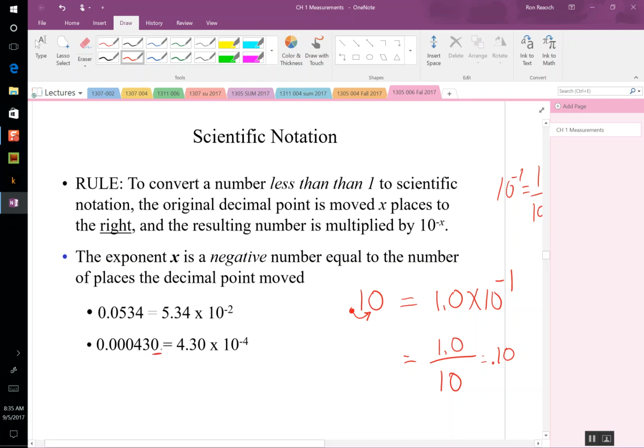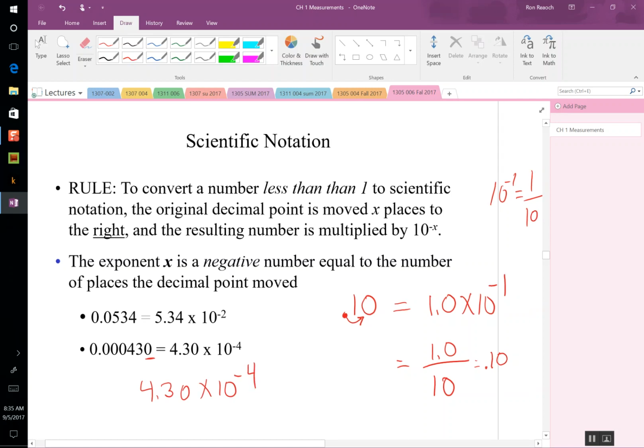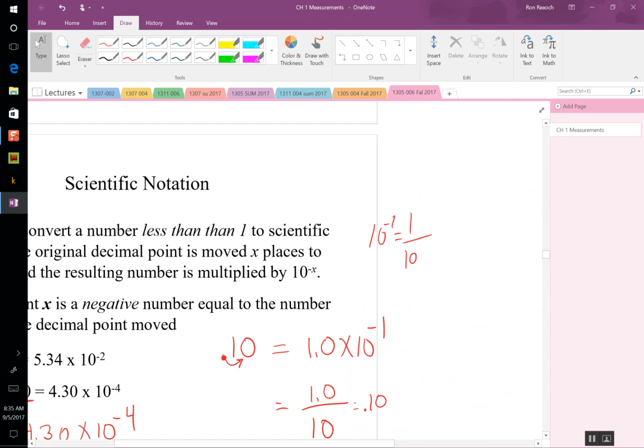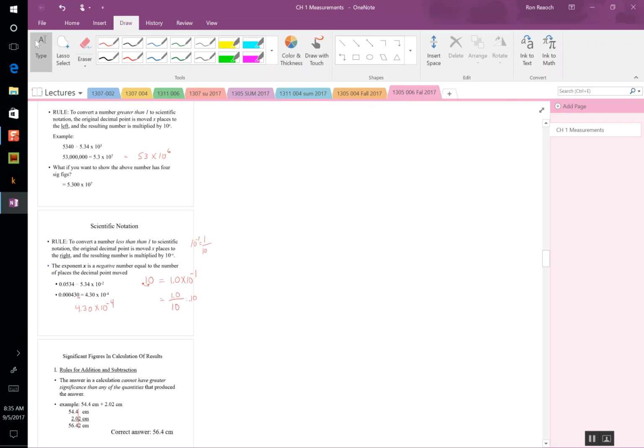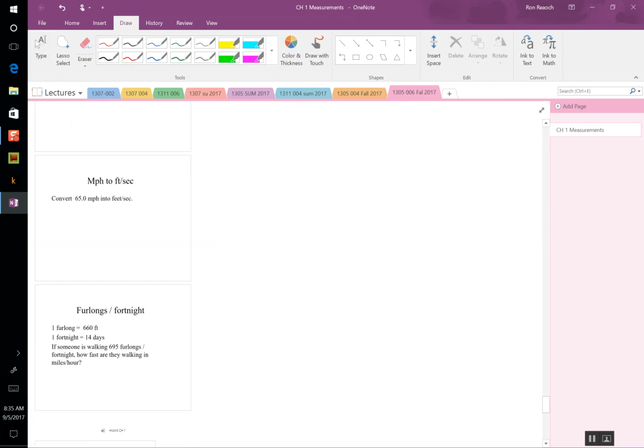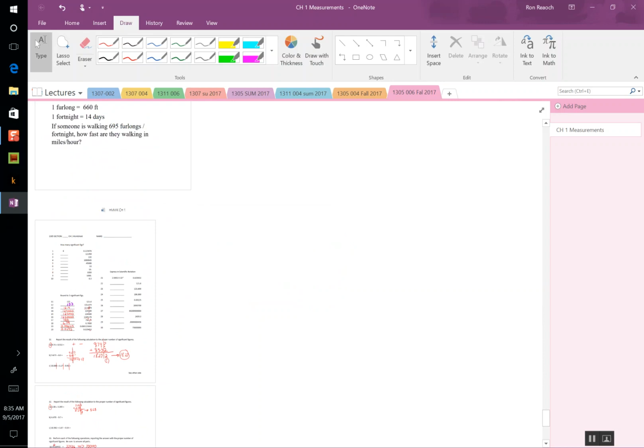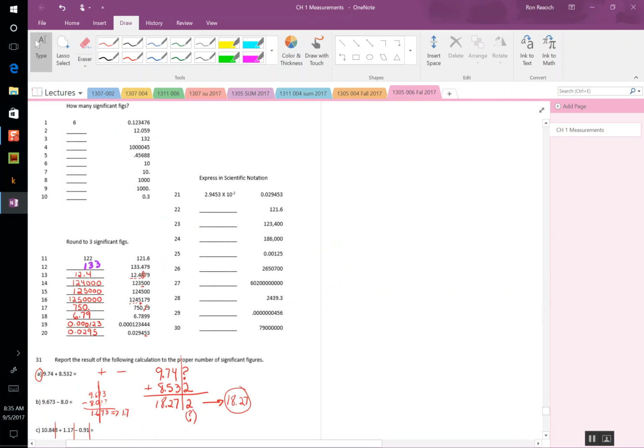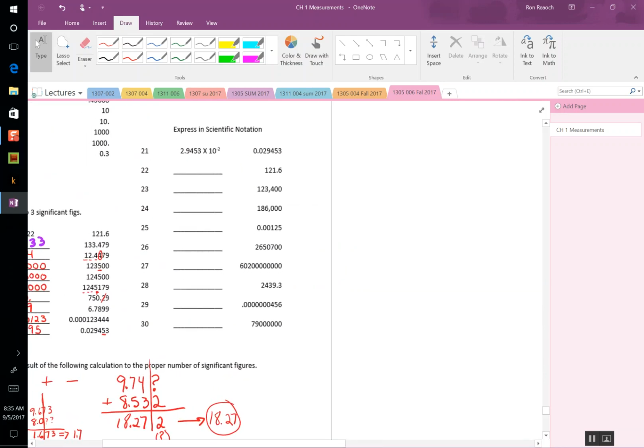It's a trailing 0, so keep it. All right? Okay, let's keep that in mind. And let's go to this worksheet and do problems 22 through 30. And while you're doing that, I will take attendance.